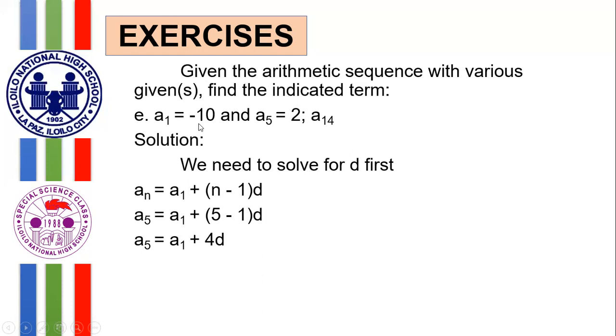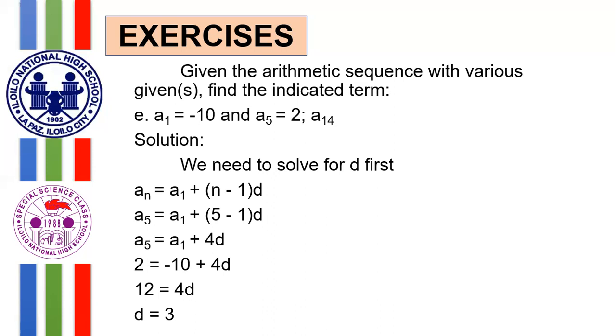By this, we can solve for D. With such, we arrive at 2 equals negative 10 plus 4D. We will add both sides by 10 to isolate the 4D. So 2 plus 10 will be 12, and the right side will be 4D. So 12 equals 4D. Dividing both sides by 4 gives you the value of the common difference, which is 3.